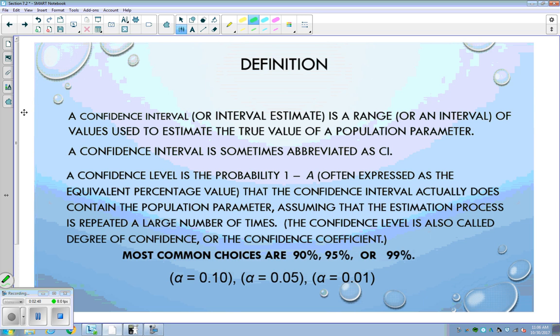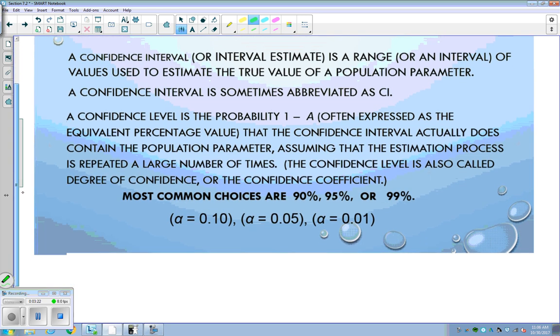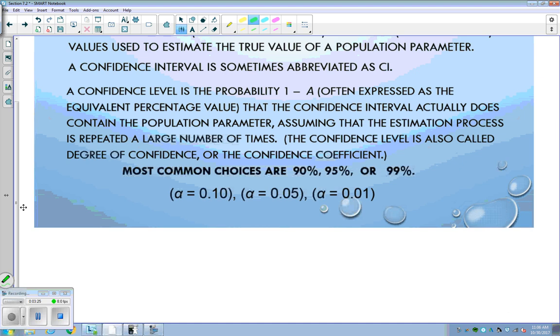So a confidence interval is a range. It's an interval where I'm going to say I'm 95% confident that the population proportion will lie between these two numbers. Okay? Confidence level is the probability of 1 minus alpha, often expressed as the equivalent percentage, that something will actually occur. Most common choices for the confidence level are 90, 95, or 99%.